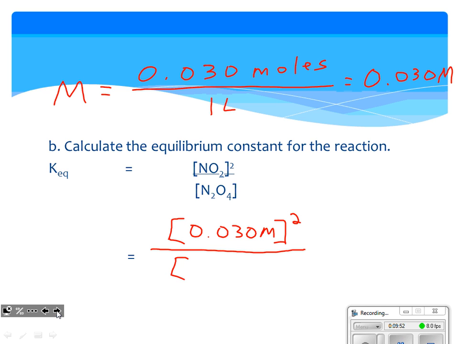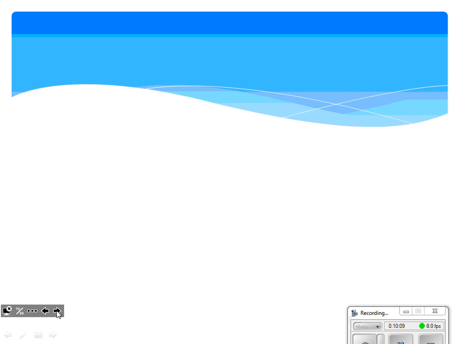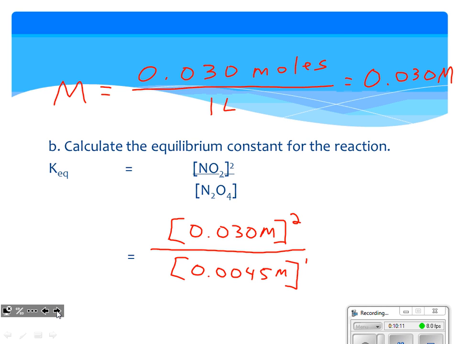So my molarity is going to be 0.0045 molar, and that's going to be to the exponent 1. So when I do my math, I come up with this equaling 0.20 for my equilibrium constant.